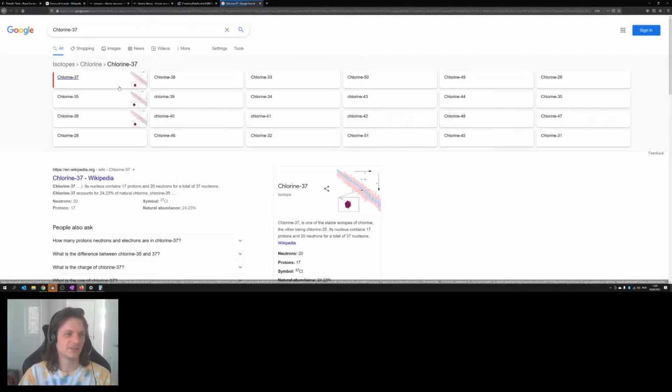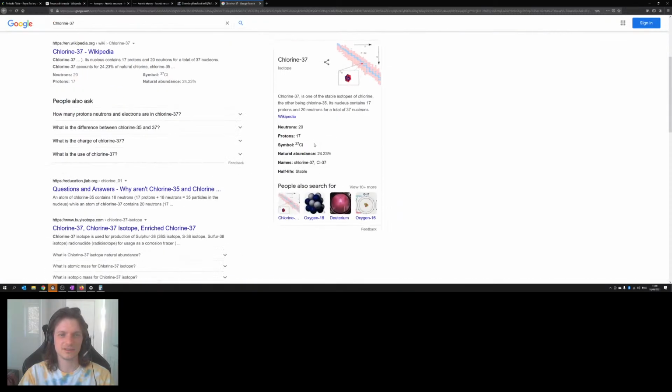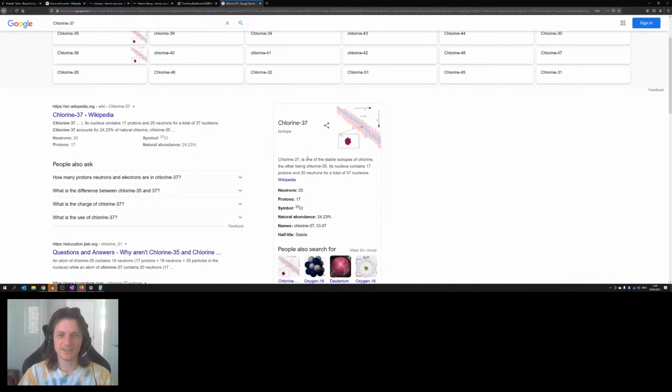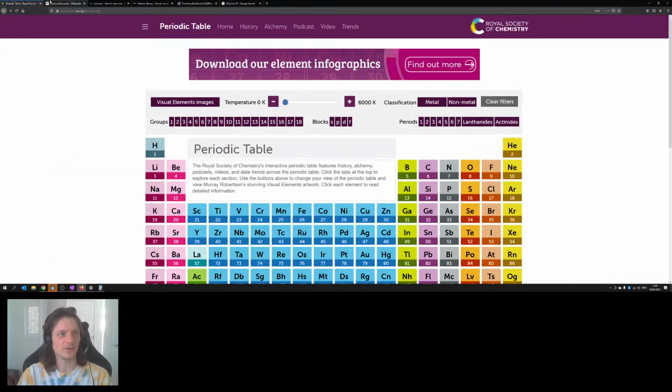So let's take a look at chlorine 37. I meant to say take a look at, and then it came out as ticket number 37. Chlorine 37 is one of the stable isotopes of chlorine, the other being chlorine 35. Its nucleus contains 17 protons and 20 neutrons, for a total of 37 nucleons.